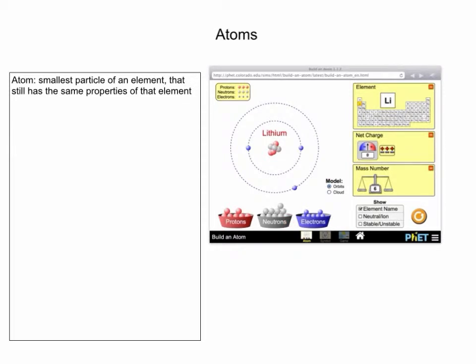The protons and neutrons are both located in the center of the atom, otherwise known as the nucleus. So the nucleus contains both protons and neutrons, while the electrons move around the outside of the nucleus.